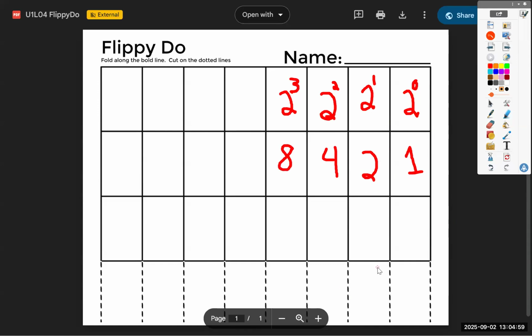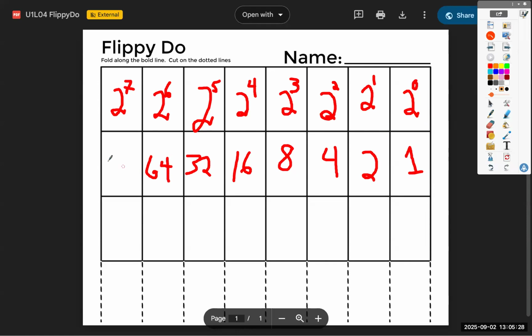Okay. From here, you should be able to fill in the rest, even without any understanding of binary yet, which is only your first step into binary. So of course it goes 2 to the 4th, 2 to the 5th, 2 to the 6th, and 2 to the 7th, which are 16, 32, and so forth.